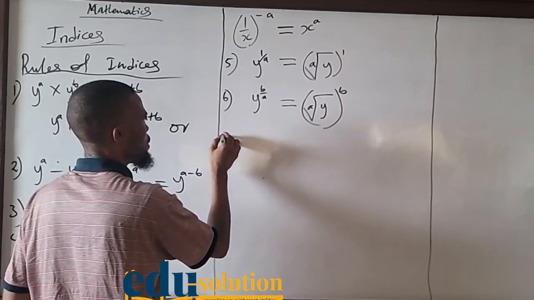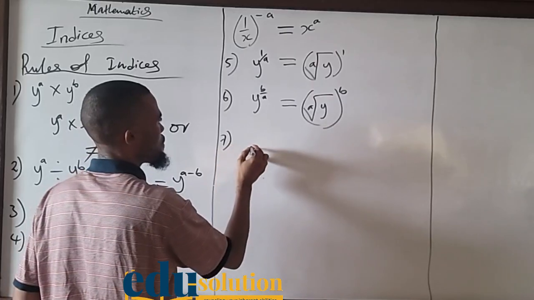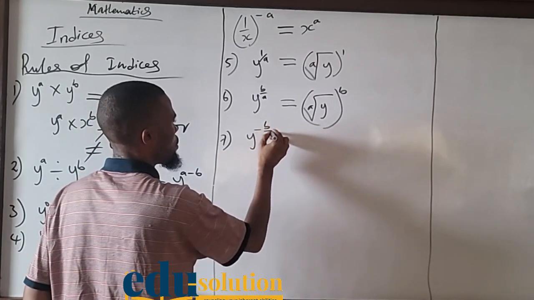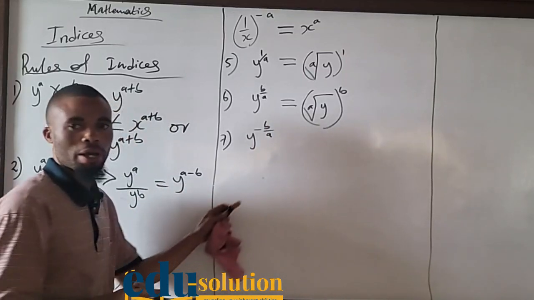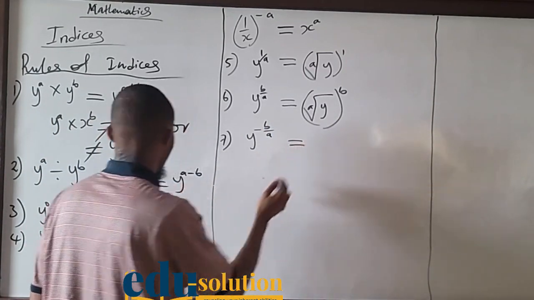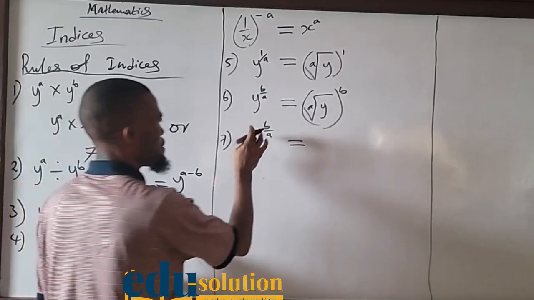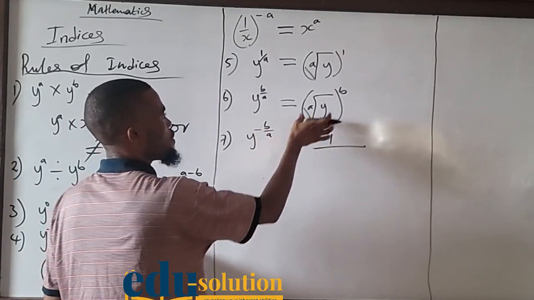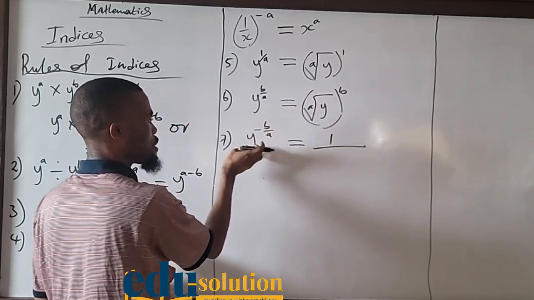So in the same way, number 7, if we have y raised to the power of minus b over a, so you can see the power here is also a fraction, but it's having minus. So if we also relate it to what we have here, the minus here means 1 over, and then this now becomes the expression that we are putting here now.